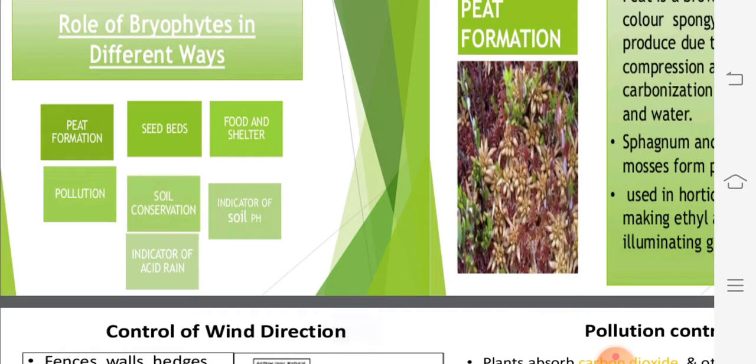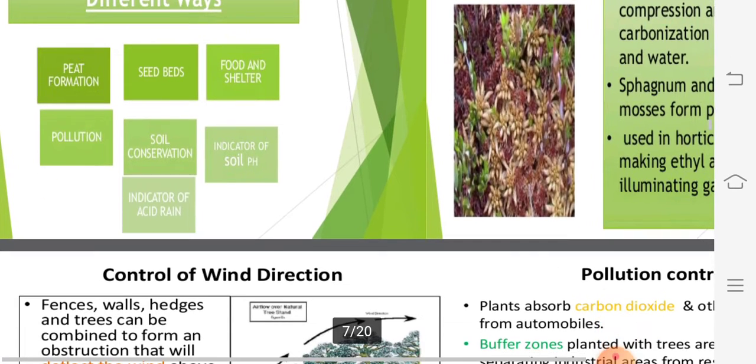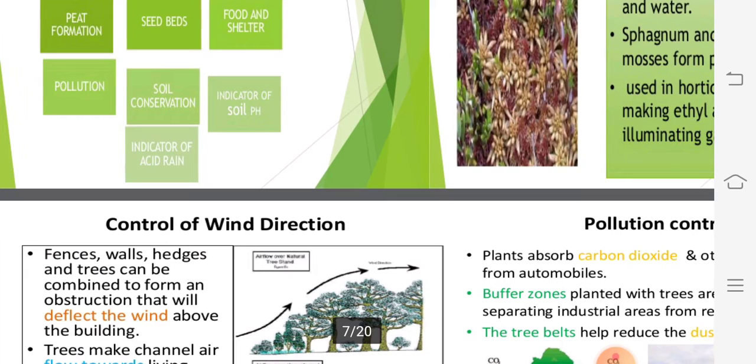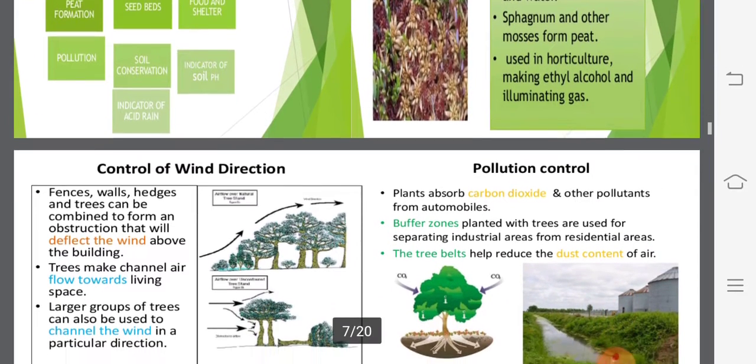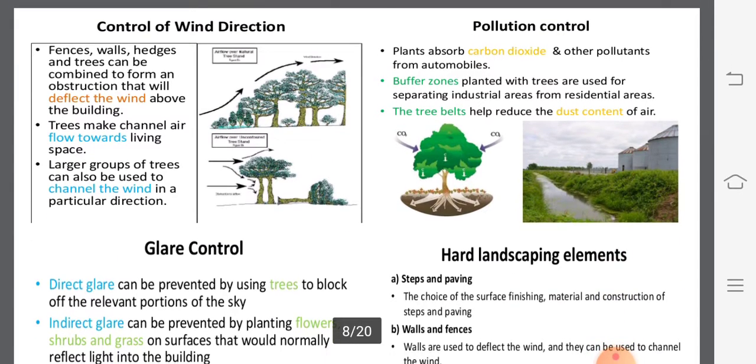Then in peat formation, the role of bryophytes: it is used for seed beds, shelters, soil conservation, and as an indicator of soil pH. Generally pH is acidic, so to maintain alkalinity, peat powder is used in the fields. We know they have different functions.